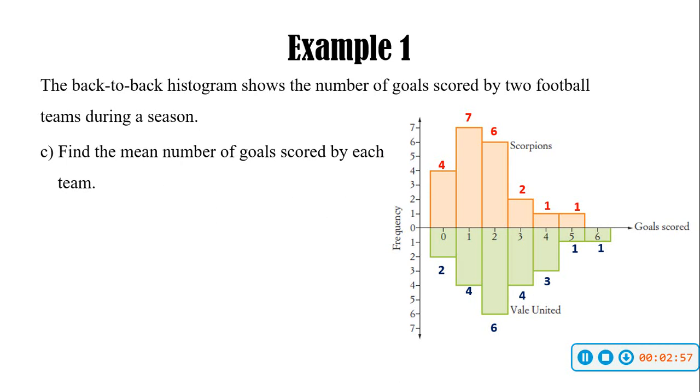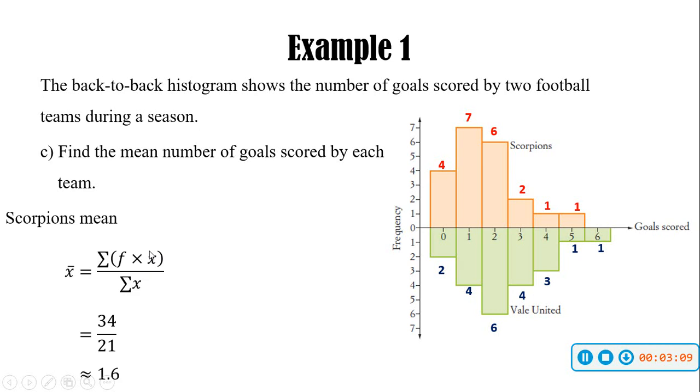Part C. Find the mean number of goals scored by each team. Now this is similar to how to find the mean in a frequency distribution table. We have already looked at the formula before. The formula: mean x bar is equal to sigma f times x over sigma f. Here sigma f times x is the total number of goals scored, and sigma f is the number of games played.